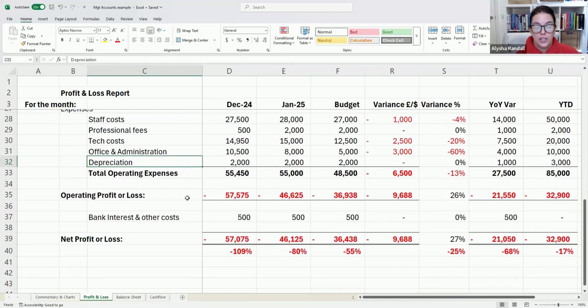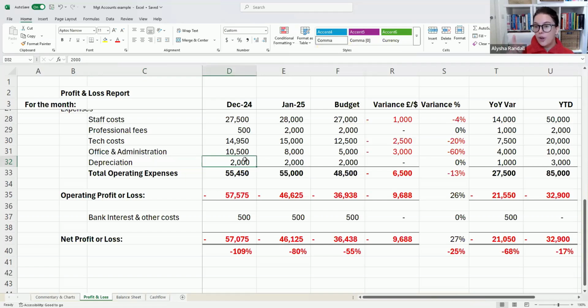And then depreciation. What depreciation means is recognizing assets that you've purchased. Actually, I'll use an example. Say you bought 20 laptops. You wouldn't put 20 laptops in here because it would look a bit crazy, and also because the benefit of those laptops is over a long period of time.